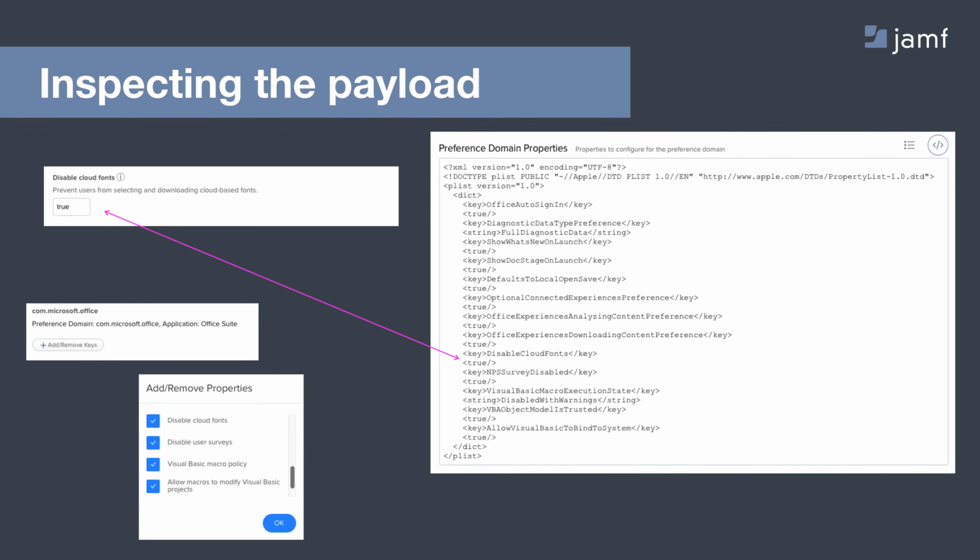When you set that control to true, there will be a corresponding key that is created in the plist structure called disable cloud fonts with the right casing, and that will be added to this property list with a value of true. It's worth calling out that all of the settings exposed in the form have this default value. So for example, by default, cloud fonts are not disabled, which means users can use cloud fonts.